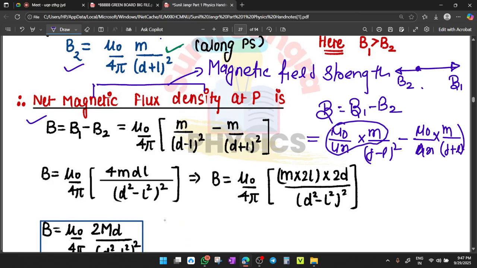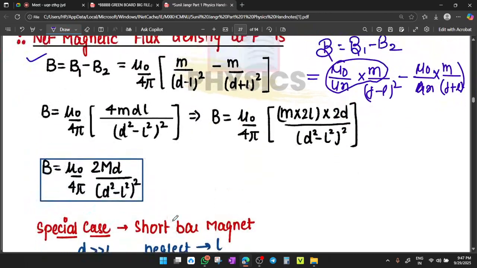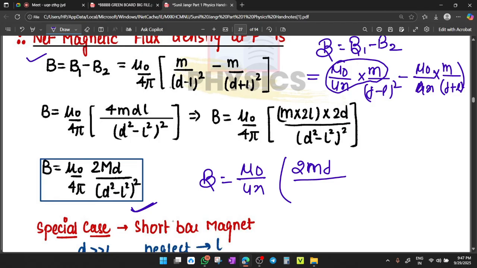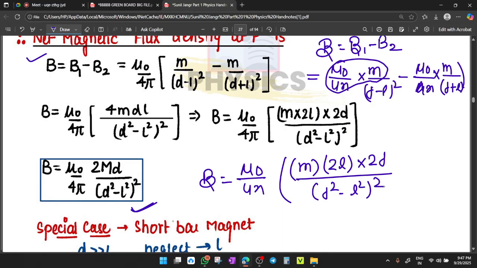Take mu naught upon 4 pi m as common. The remaining calculations are here, and you will finally get the formula: B equals mu naught upon 4 pi, small m into 2l into 2d, divided by (d square minus l square) whole square.